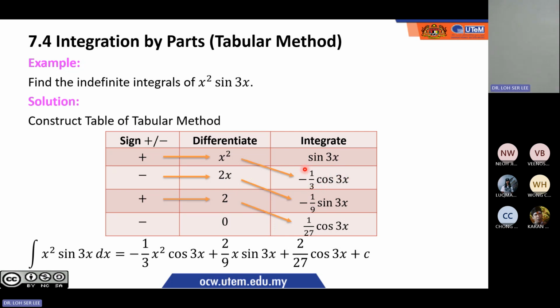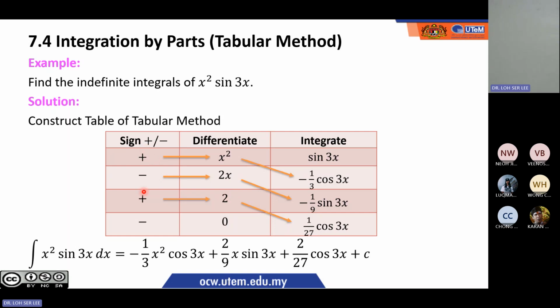Then integrate this once again with respect to x. So you still have negative. Integrate cos, you get a sine with the same angle 3x, divided by another 3, that's why you get 9. Repeat, integrate this one with respect to x, you get this. And you will stop at the same row as the 0.